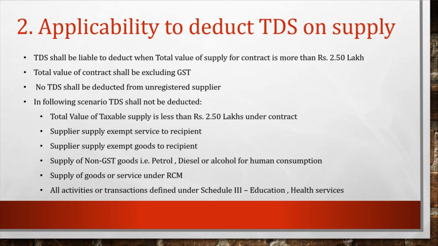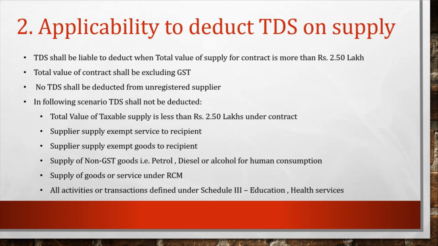Then the TDS provision will be applied where the total value of such supply under a contract is more than 2,50,000 rupees. One of the most important provisions. The 2,50,000 does not include the GST, whether it is IGST, SGST or UTGST, we have to exclude this.